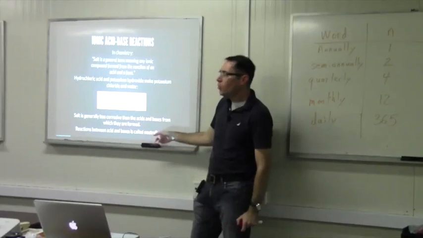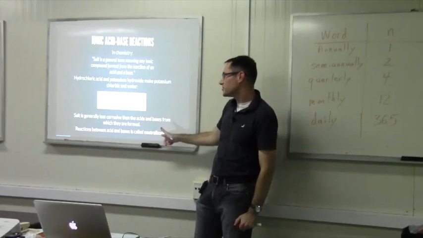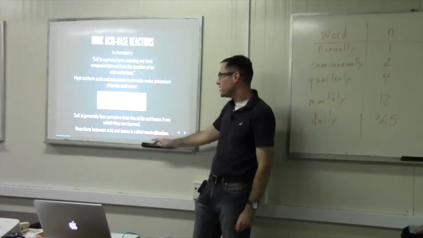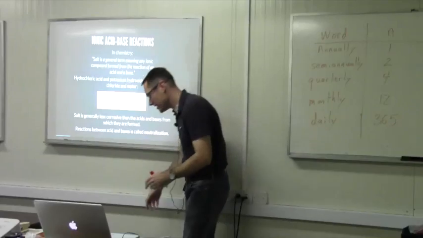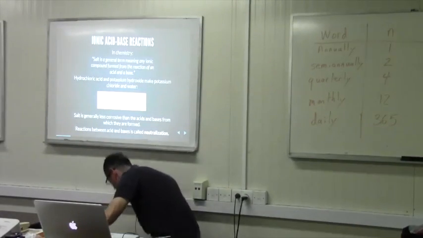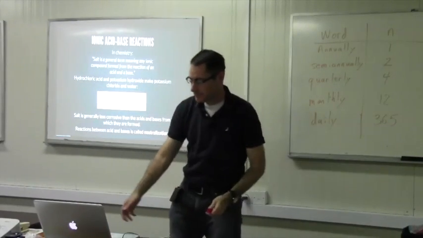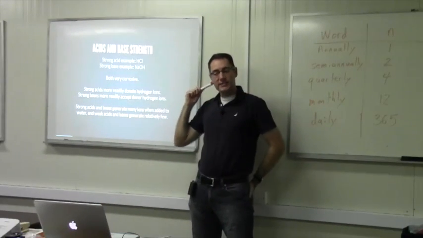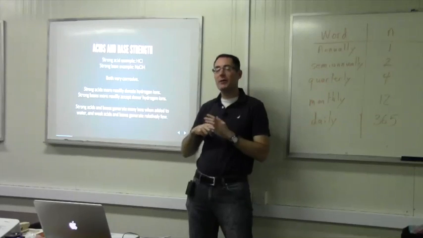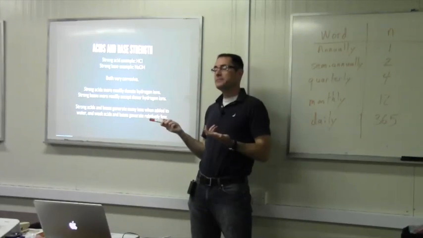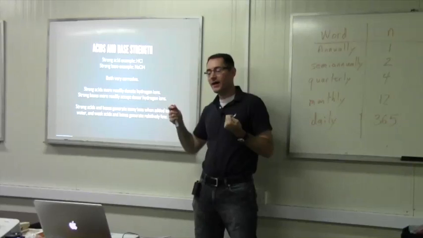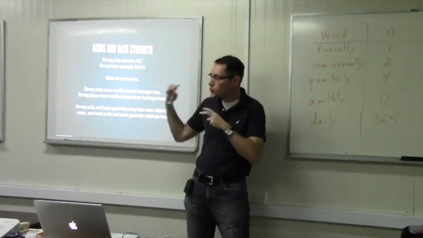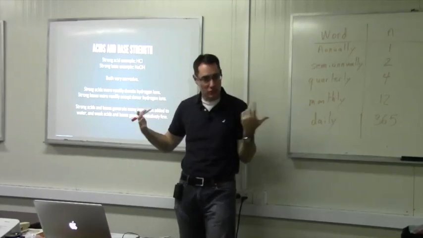When you mix acids and bases together, you end up with neutralization. That's what we call it, and it just means you've neutralized the acid and the base. Okay, so that's where we're at. When you talk about acids and bases, you can talk about how strong they are, and the strength has to do with how readily they do that donation or accepting process.